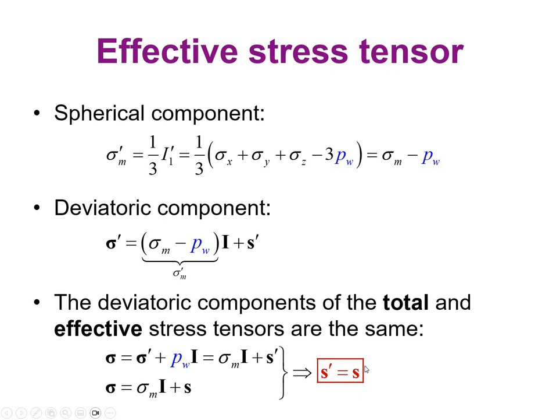So the deviatoric components of these two tensors are the same. They don't change. The only thing that changes is the spherical component. The spherical component of the stress tensor is not the same as the spherical component of the effective stress tensor.